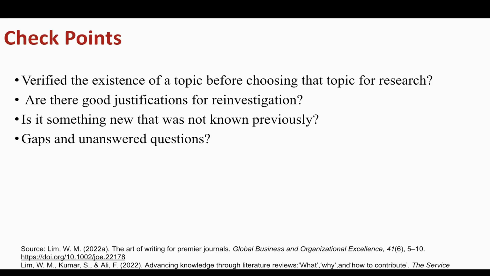The next is gaps and unanswered questions. We have to make sure whether the questions, the research objectives, the topics which we are going to study, or the topic which we are going to dive deep into, is an unanswered question so far.